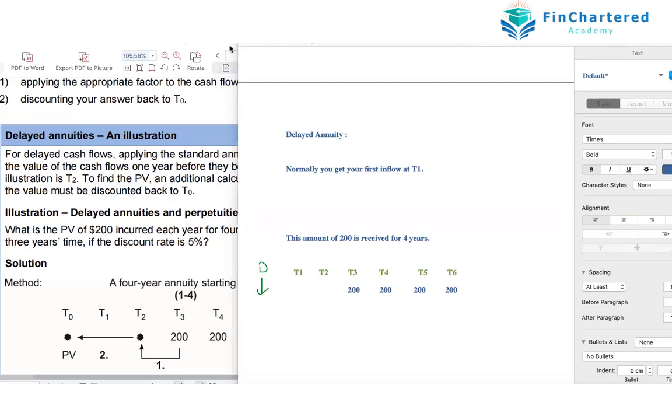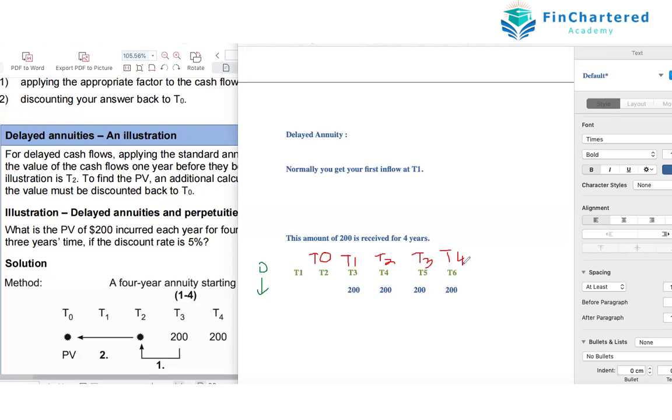We will assume that time 2 is time 0. Whatever I'm putting in red is an assumption. Time 2 is time 0, and I will assume this. It's not the reality, I'm just assuming.